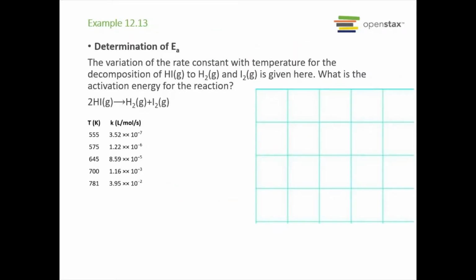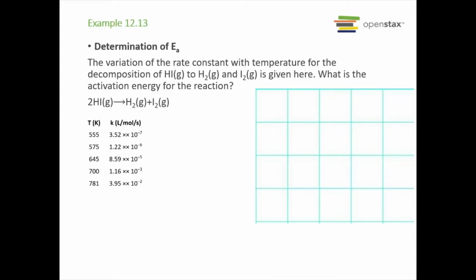So let's go ahead and look at an example. Variation of the rate constant with temperature for the decomposition of hydrogen iodide to hydrogen and iodine gas is given here. What is the activation energy for the reaction? So we're given some data of our temperature in Kelvin and our K constant, and we want to graph it.